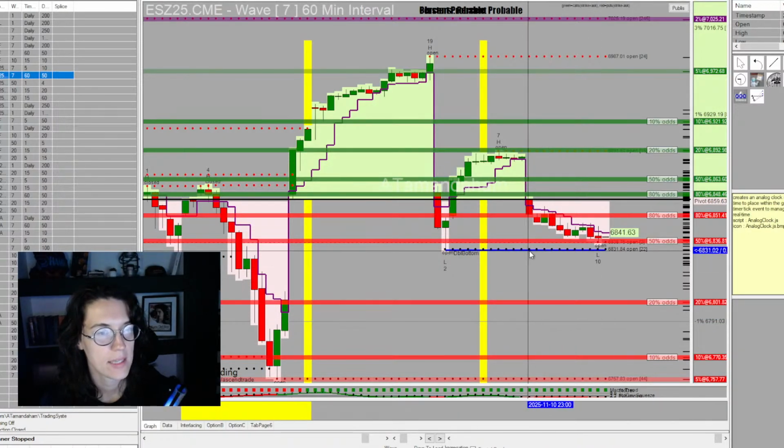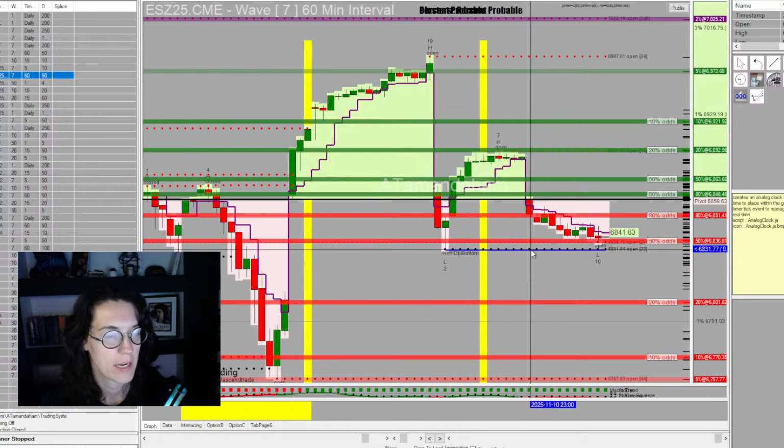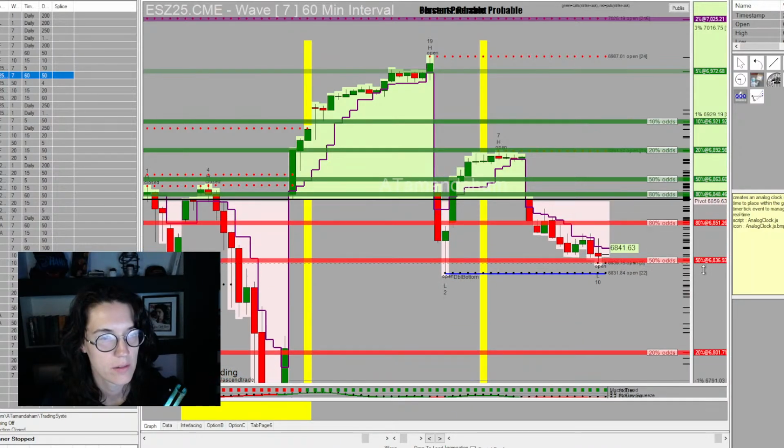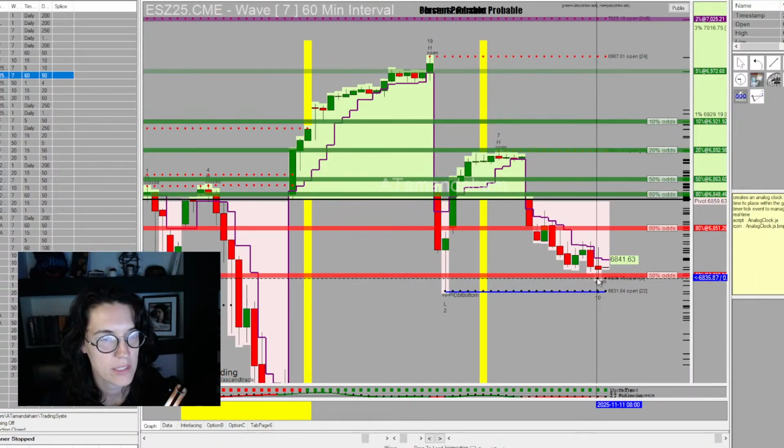68.31.84 is an open state that we created yesterday, I would say, is where this open state came from. We're seeing this as a potential double bottom. We never did reach that 31 level on the 7 wave 60, is what I'm seeing. We have this 35 open state that we have been creating as we're making lower lows on the day.